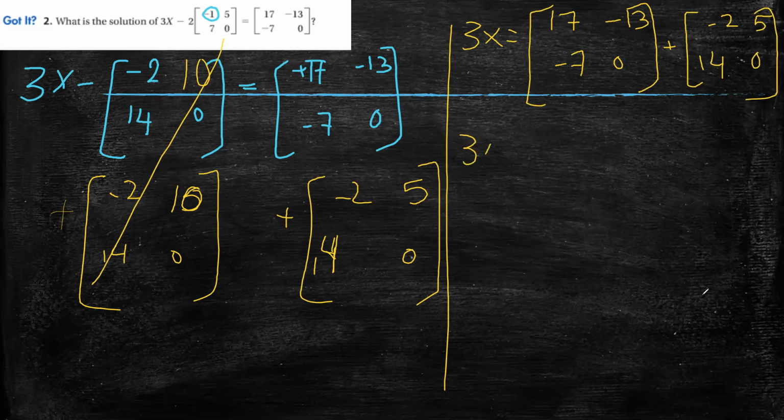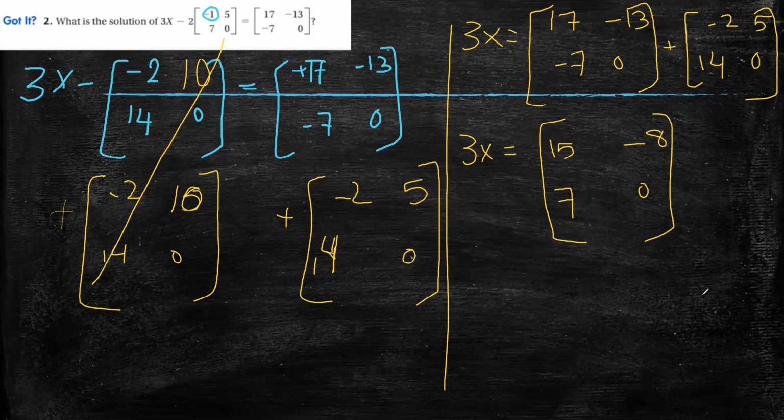So 3x now is 17 plus negative 2, 15. Negative 13 plus 10, negative 3. Negative 7 plus 14, which is 7. And 0 plus 0, 0.